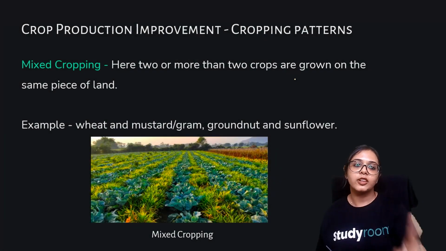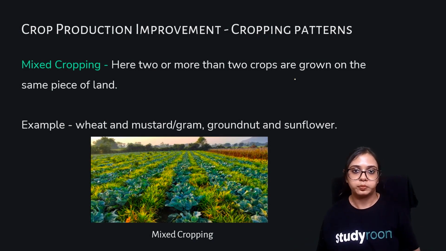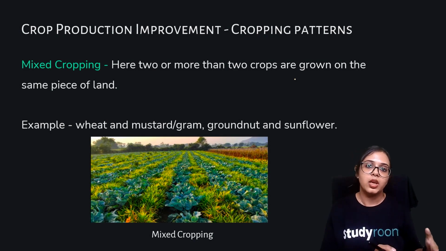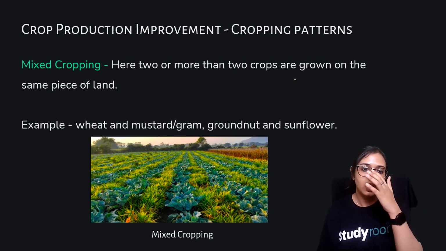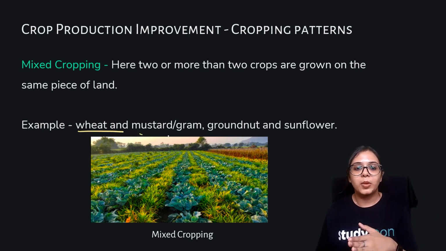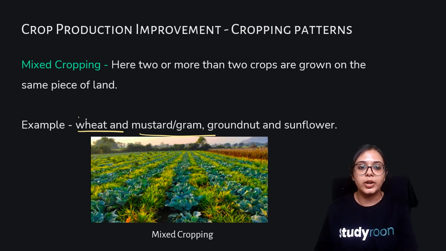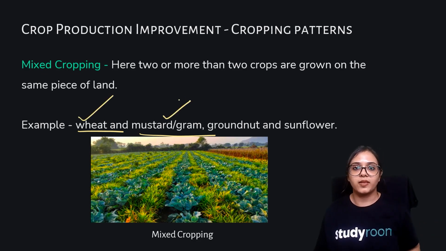All right. The first method is through mixed cropping. In this method, in one farm area and one farm land, two different types of crops are being sown. So say one part of the farm land is being used to sow, for example, wheat, and the other part mustard or gram. All right. So what happens is that the kind of nutrients that wheat requires and the kind of nutrients that mustard or gram requires, they're different.